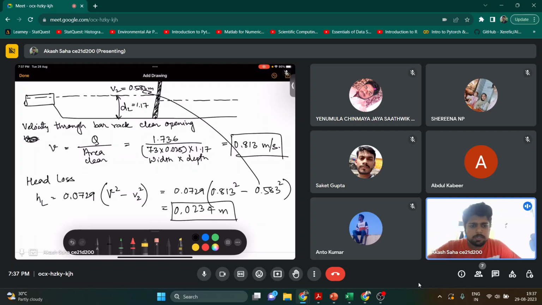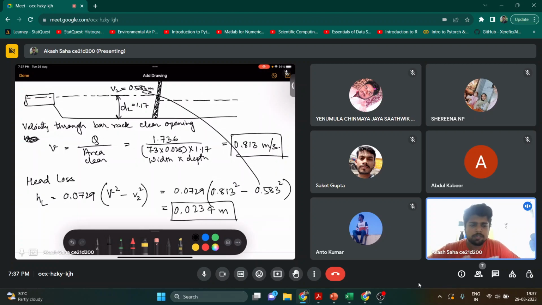So at each position, we have to find the depth of water and the velocity. For finding the velocity, we will divide the flow by the area, whatever area. If it is bar rack area, we will divide by the area of bar rack. If it is clear spacing, we will divide by the clear spacing area, or whatever the respective area.